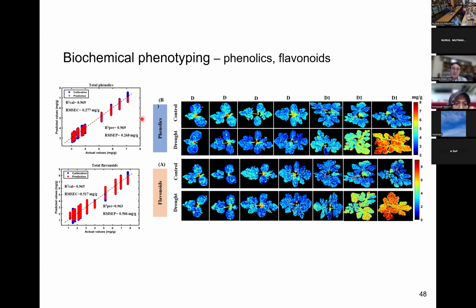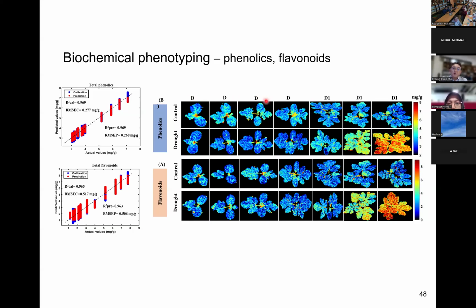The interesting thing is here, this is the phenolic compound. The first row is a control. The control plant is almost the same. There is no change based on time. Sorry, the numbers are missing, okay?